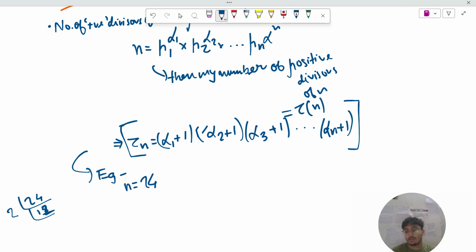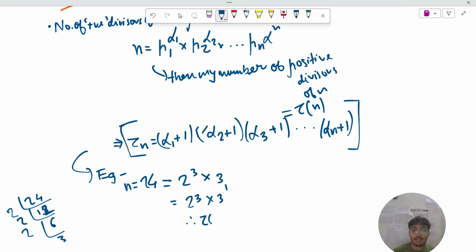Again 2 gives me 6, and 2 gives me 3. So 24 as a product of primes is 2 cube into 3, that is 8 into 3. Ultimately this is 2 to the power 3 into 3 to the power 1. So this is my p1, this is my p2, this is my alpha 1, this is my alpha 2.